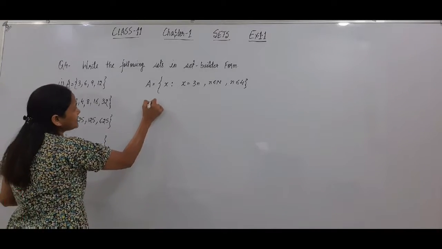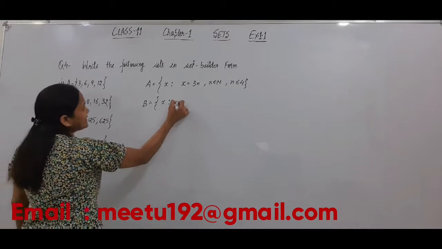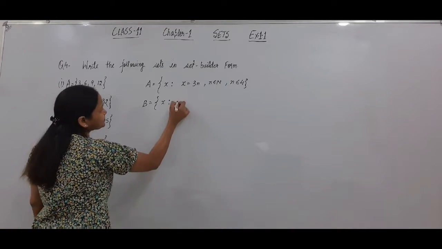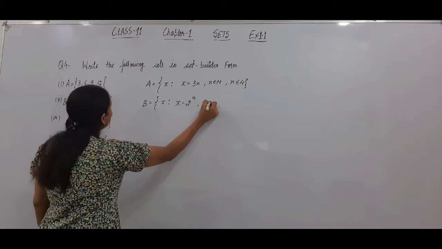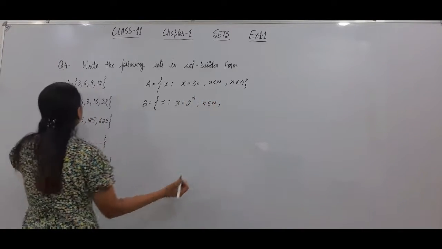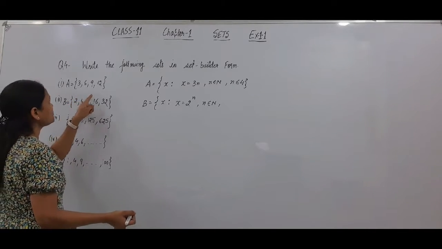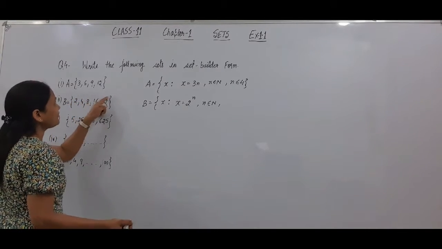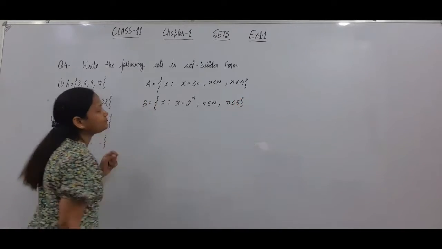So B can be defined as x such that x is equal to 2 raised to power n, where n belongs to natural numbers, but n should be 1 up to 5. So n should be less than or equal to 5.